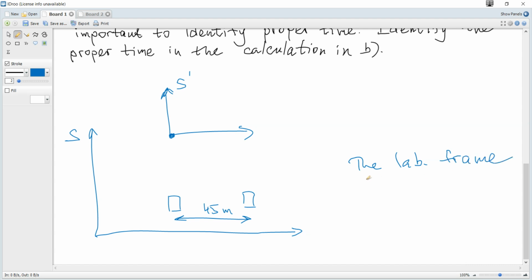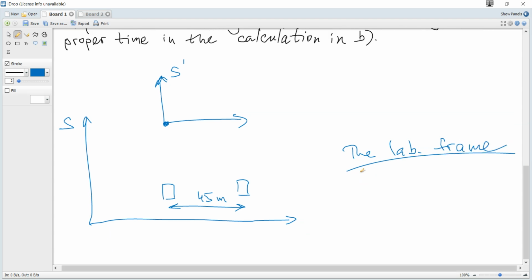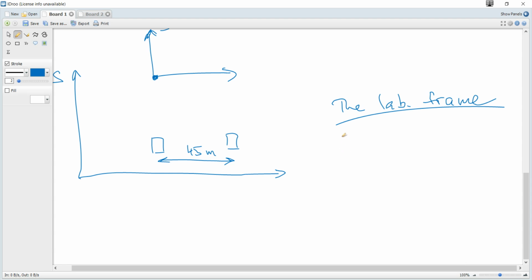If we consider the Earth reference frame, so the lab frame, let's calculate the time required for the particle to travel this distance of 45 meters.